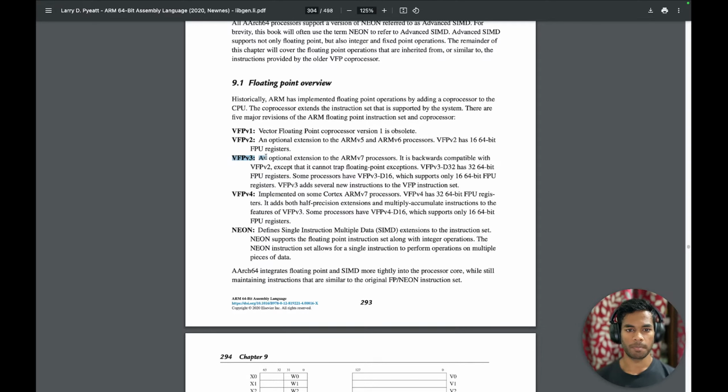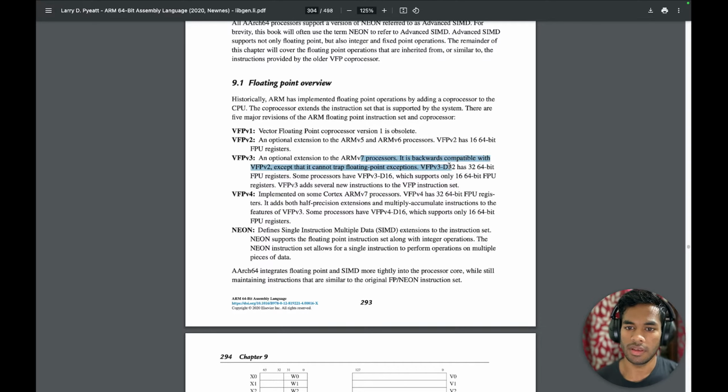Vector floating point version 3, an optional extension to ARM v7, the one before the latest version of ARM. The latest is V8 processors. It is backward compatible with V2, except that it cannot trap floating point exceptions.